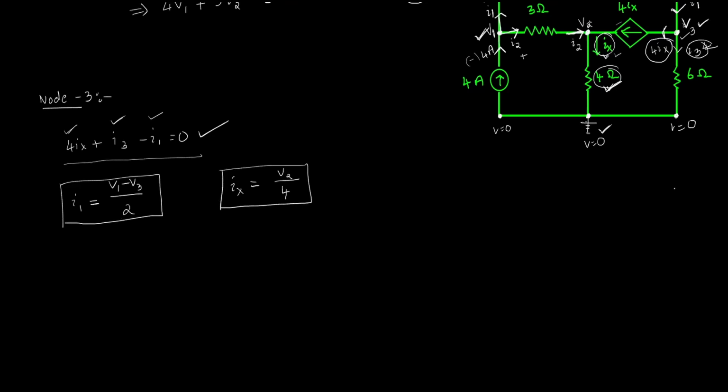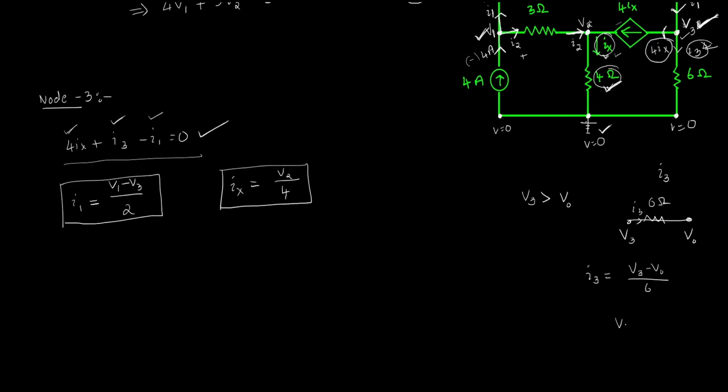And we know that the potential V3 will be higher than the potential V0. So the current I3, which passes through the 6 ohm resistor starting at V3 towards V0, can be expressed as I3 equals (V3 minus V0) by 6.